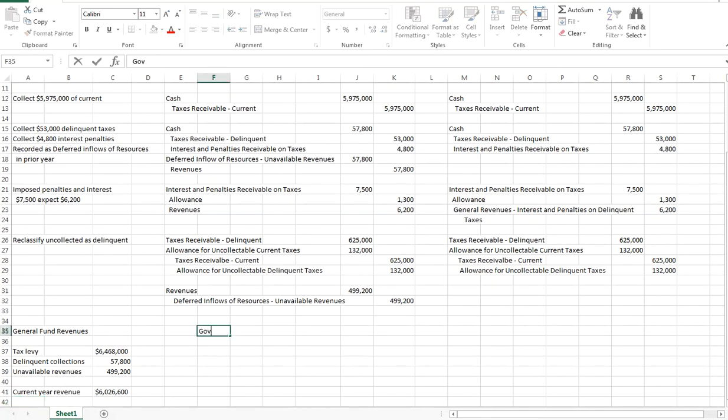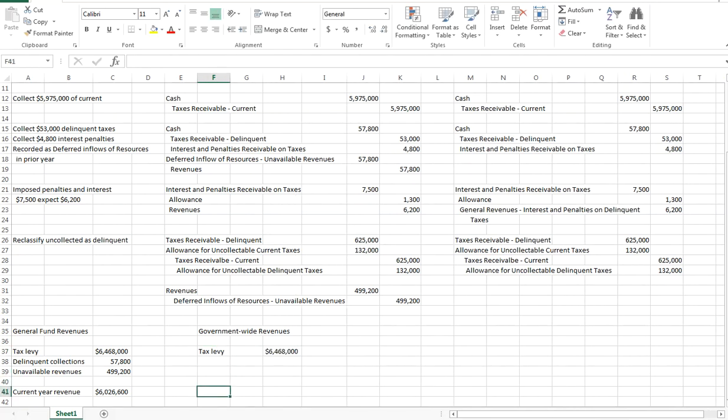And then on the government-wide revenues, we're going to show a tax levy, $6,468,000, and that's it, current year revenue. And so again, you see the big difference between the general fund and the government-wide statements.